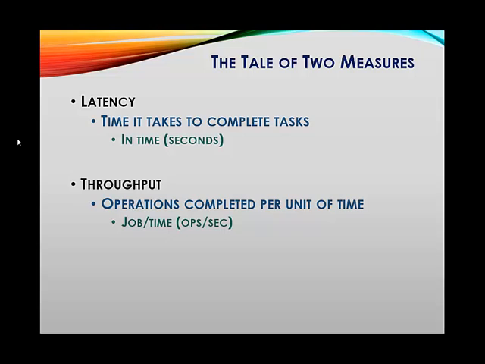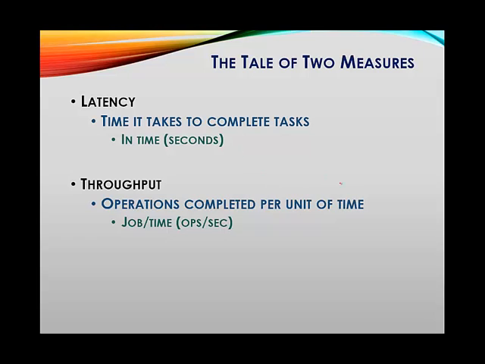And that brings the idea of throughput. Throughput is the number of operations computed in a unit of time, its unit being number of jobs completed in time. And so usually we look at that as number of operations per second.